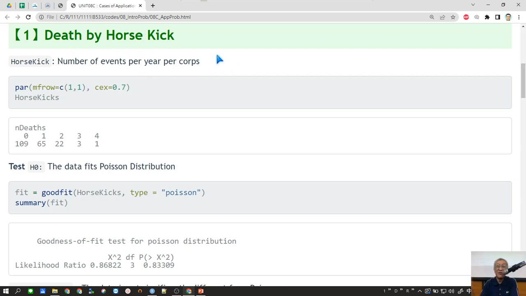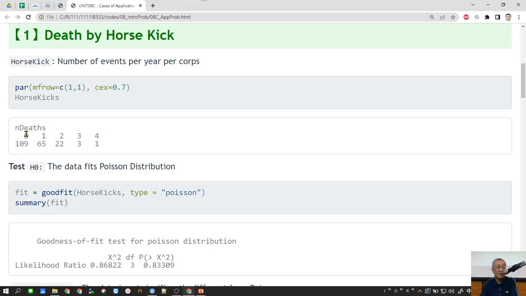In the army, there are corps, the units of the army. This data is from World War I, when there were a lot of horses in the army. In every corps, every year, some people are killed by horse kick, and these are the statistics.